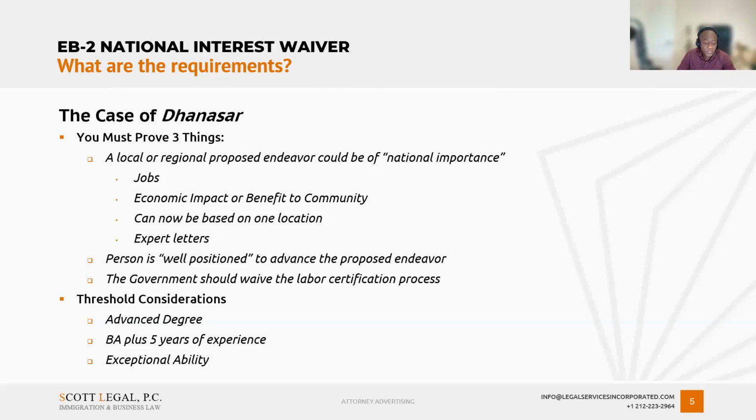Often with a national interest waiver petition, there's going to be a number of expert letters included in the petition to bolster either the national importance or the second criterion, which is that the individual is well positioned to advance the endeavor.